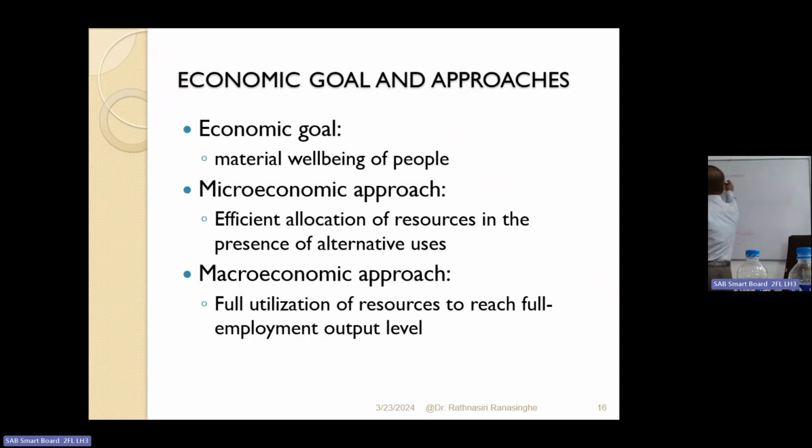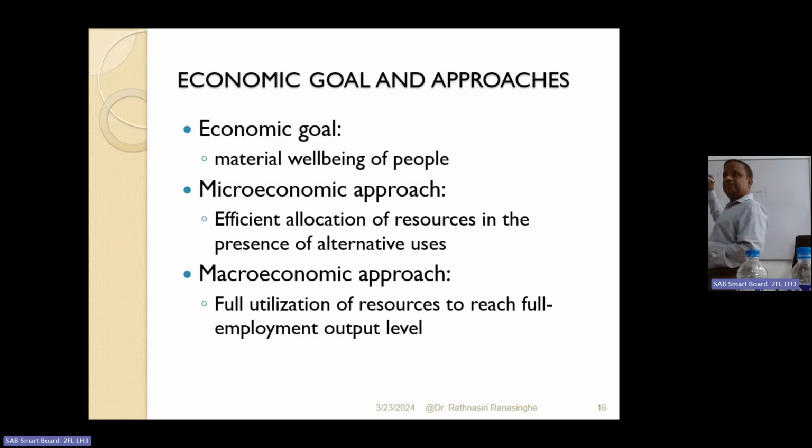So now we have two branches, as we mentioned. One is microeconomics, as we discussed earlier, and the other one is macroeconomics. Microeconomics also focuses on material well-being. Macroeconomics also focuses on it. As branches of economics, traditionally we divide micro and macro, but both aim at material well-being.